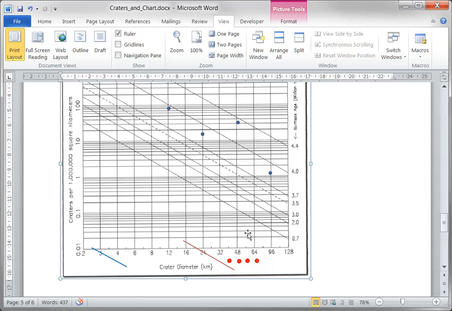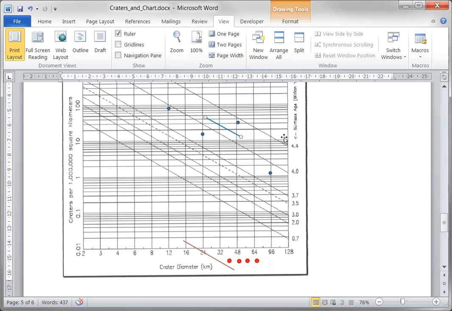So we have 4 points, which ideally should be in a line, and ideally these points should be parallel to these lines. In reality, that's unlikely to be the case. So you have to find a best fit line, and this is why we give you these preset lines.